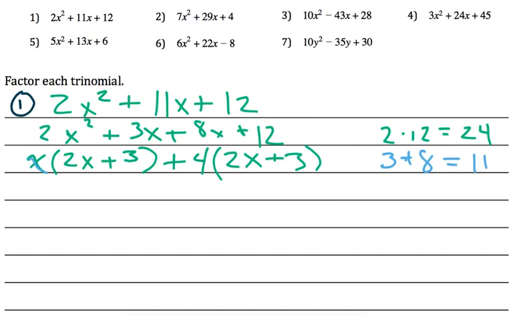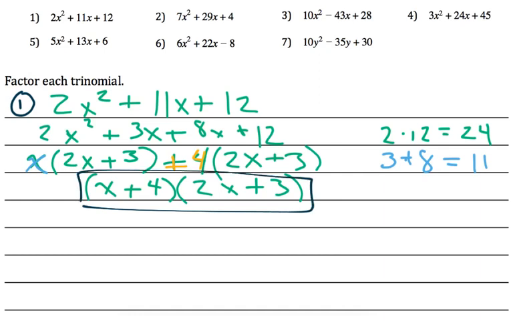So this means that we had x times 2x plus 3, and then we also had plus 4 times 2x plus 3. And since those are the same values of 2x plus 3, I can go ahead and factor it out, leaving parentheses x plus 4. So this is the factored form of this first problem.